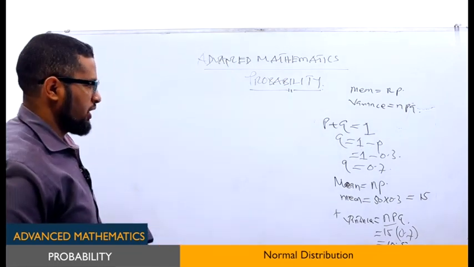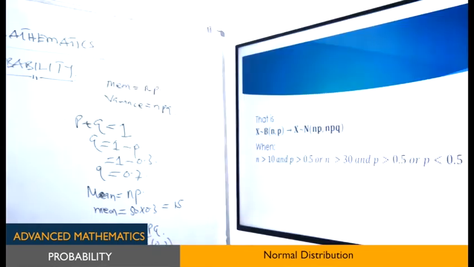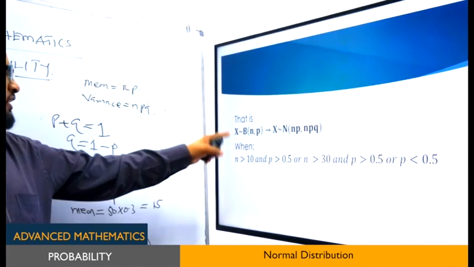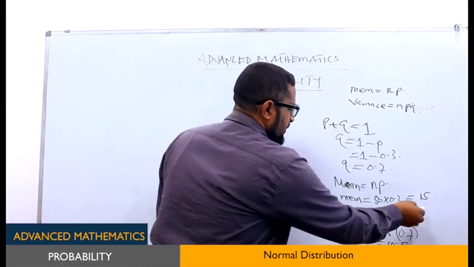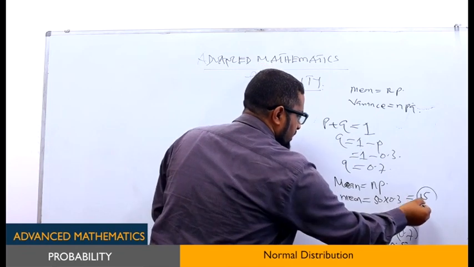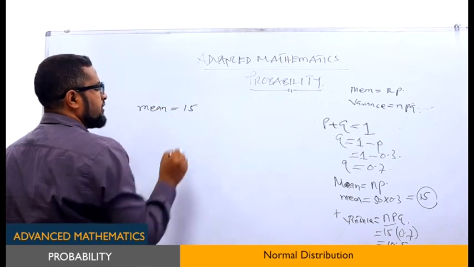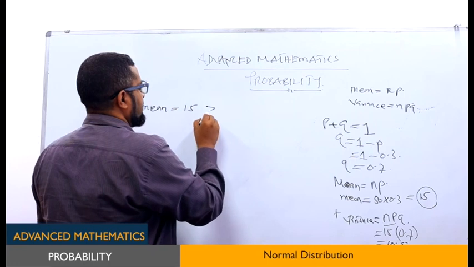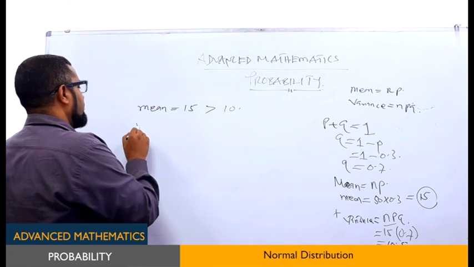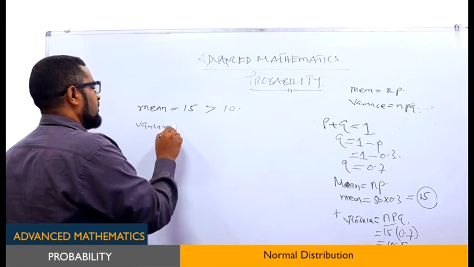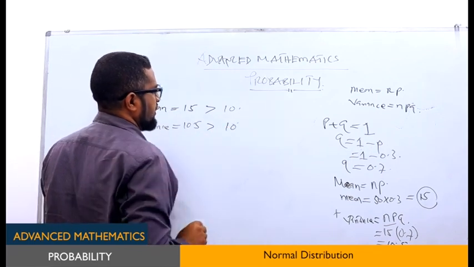10.5. Okay. Now let's go back to the condition. The condition is when NP and NPQ are greater than 10. So here, if you see, the mean, which is 15, is greater than 10. And also the variance, 10.5, is greater than 10.